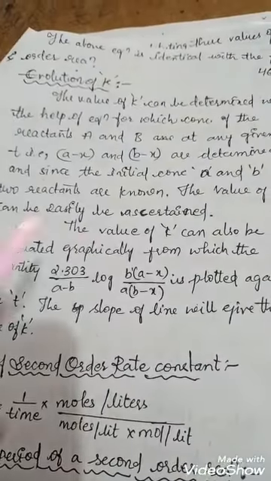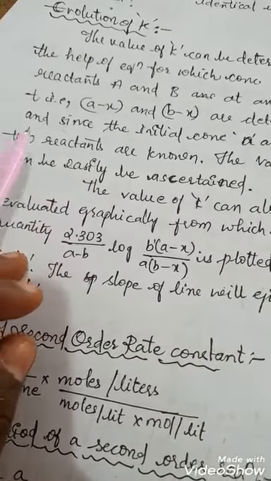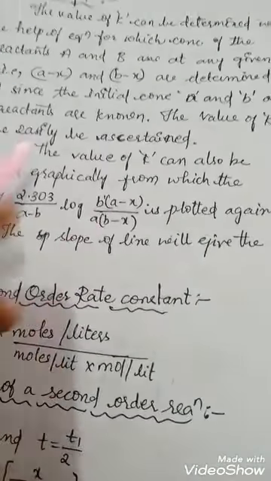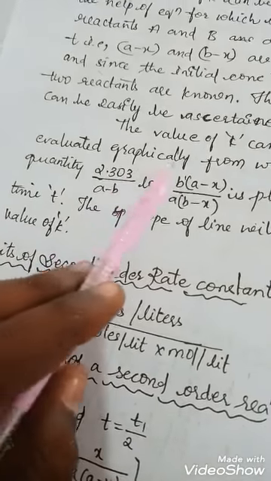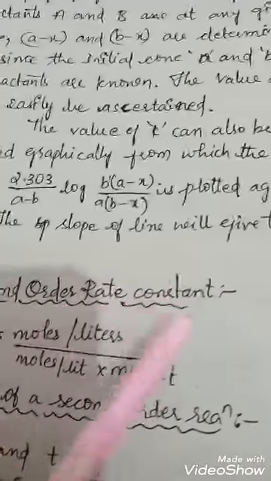Since the initial concentrations A and B of the two reactants are known, the value of k can be easily ascertained. The value of k can also be evaluated graphically, where the quantity 2.303 log [b(a minus x)]/[a(b minus x)] is plotted against time. The slope will give the value of k.